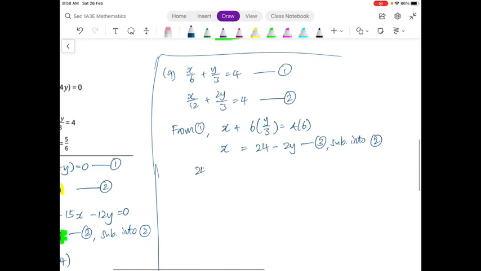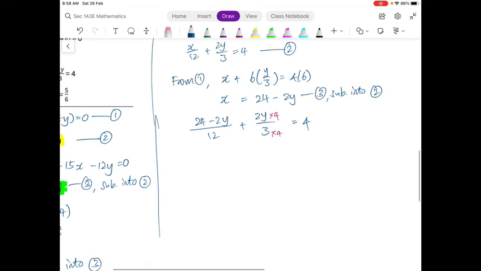So 24 minus 2y over 12, 2y over 3. Now I know that I can multiply by 4 in both numerator and denominator to get 12. So this is equal to 4. So 24 minus 2y plus 8y over 12 equals to 4.